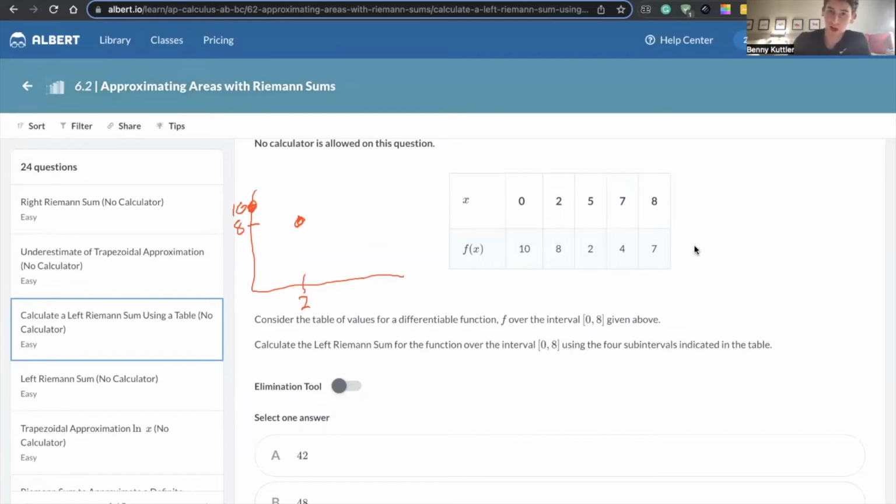At x equals 5, the value is 2. At 7, it's 4. And then at 8, it's 7.